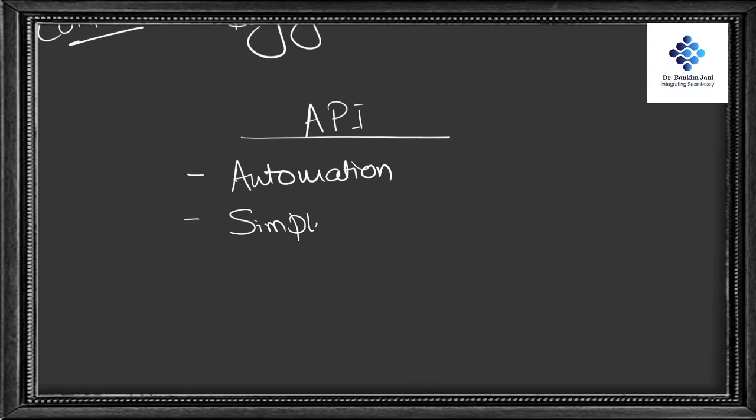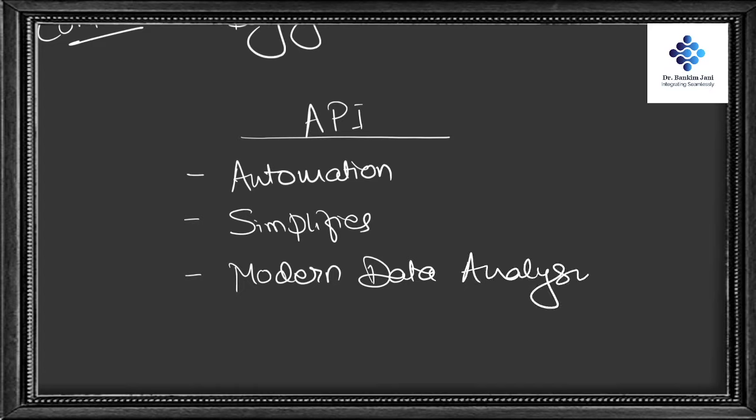Why does it simplify? Because of those scripts. It is also very easy to do modern data analysis. You can analyze things so effectively, so you know how your network is going. In fact, because you are using virtualization, speed has increased. And you can add so many parameters for the comparison.